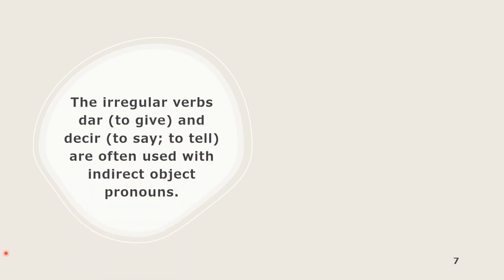So here we have some irregular verbs. We have two: the verb dar, to give, and the verb decir, to say or to tell. The verbs dar and decir are often used with indirect object pronouns.